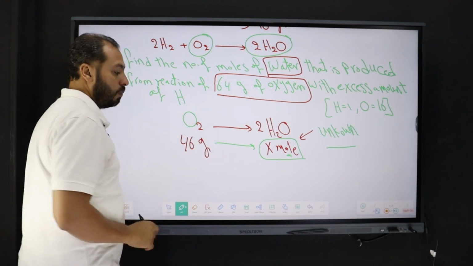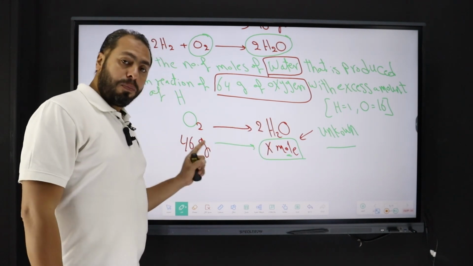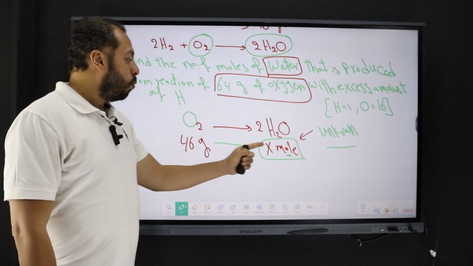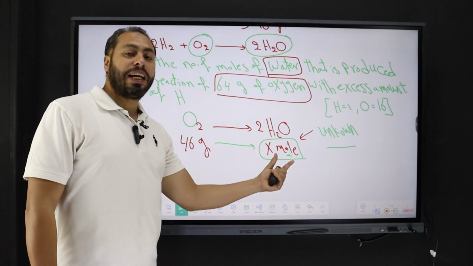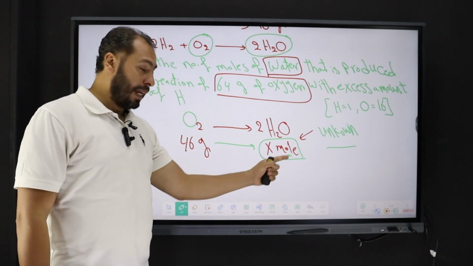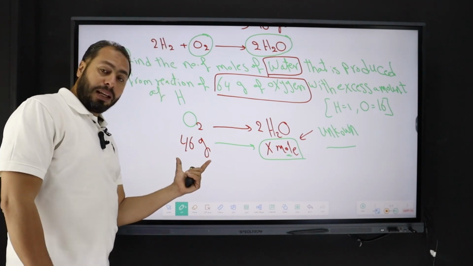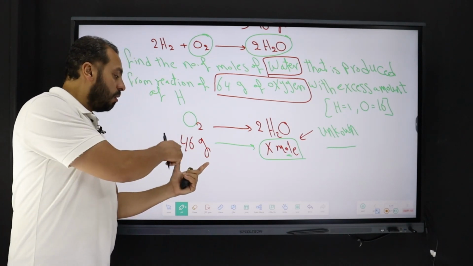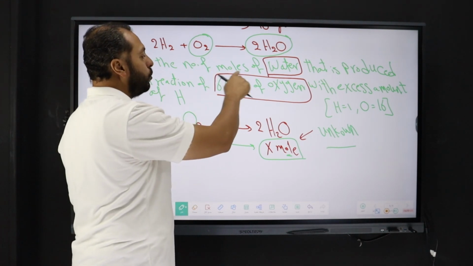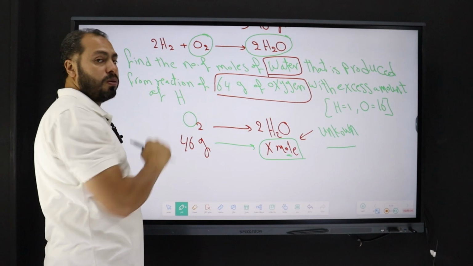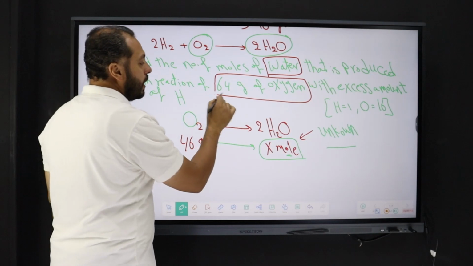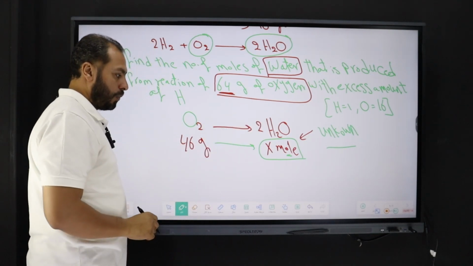Again, we detect the two substances which it speaks about, and we write the unknown quantity by its measuring unit against the known quantity, that is 64 grams of oxygen.